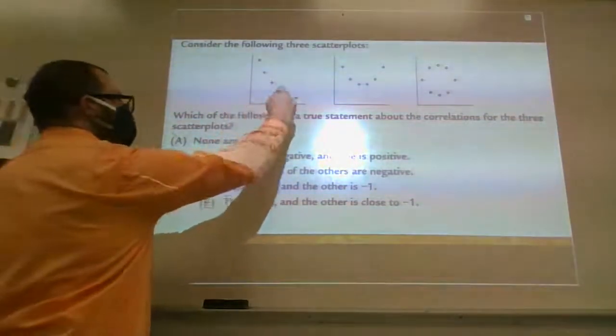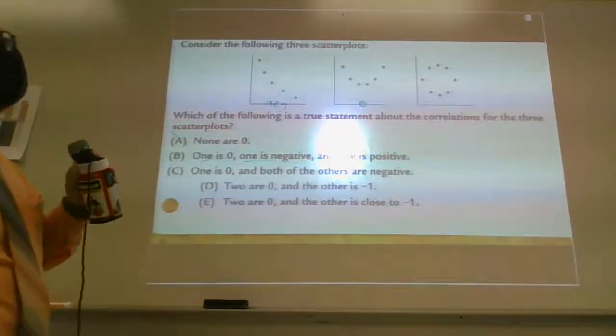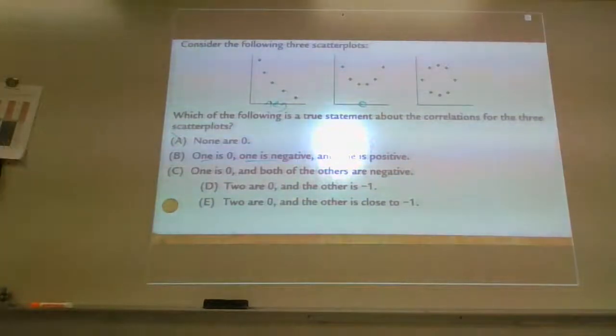This one definitely seems to be 0 to me. But that last one kind of throws me off. If I were to draw a line of best fit through it, it's almost like it would just be a horizontal line. It appears to me like the last one also has a correlation of 0.